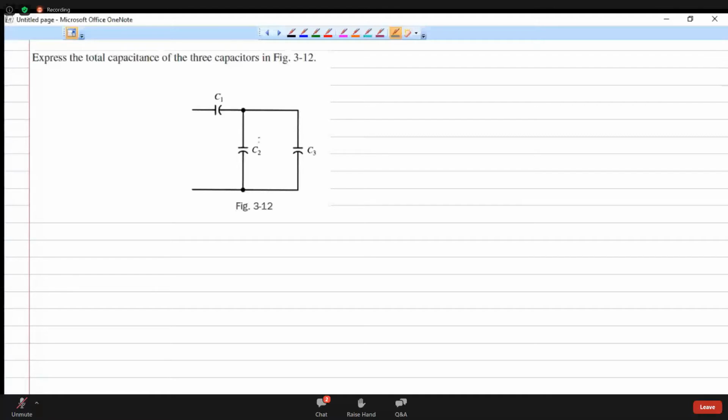So first we can start with this C2 and C3. We have C2 parallel C3, so that is equal to C2 plus C3. This is our C2 plus C3, and that is now in series with C1. Since they are in series, it should be treated like parallel in resistors.